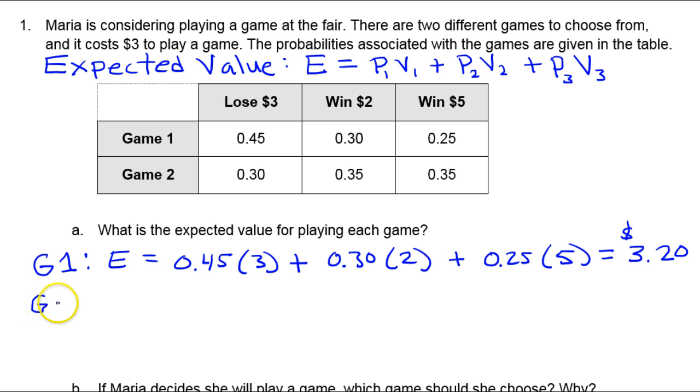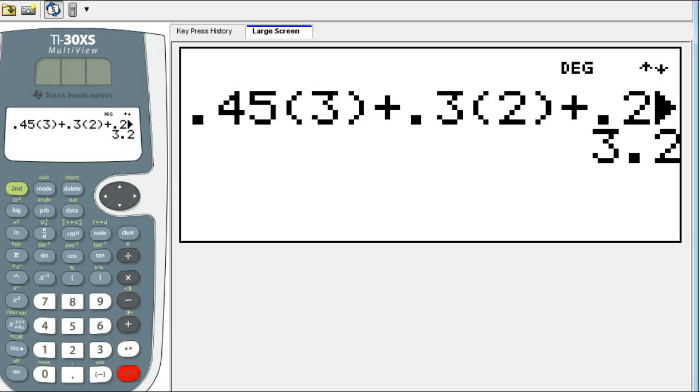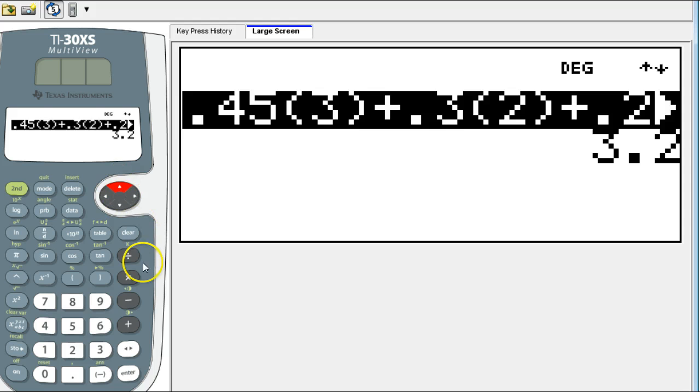Now, let's take a look at game 2. For game 2, I'm going to do the same thing. 30% chance of losing $3. You know what? I think I forgot to put the negative 3 in there when I did my calculation. I just did 3. I didn't do negative 3.